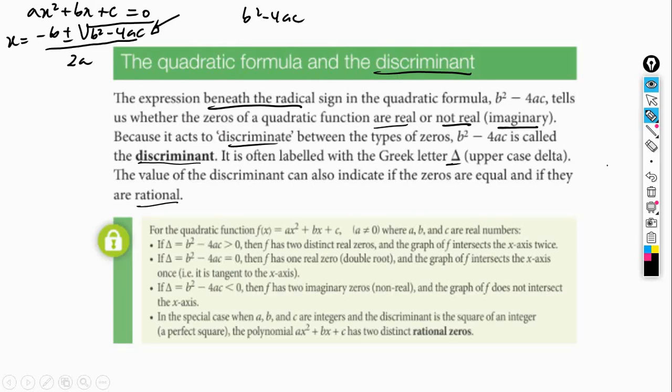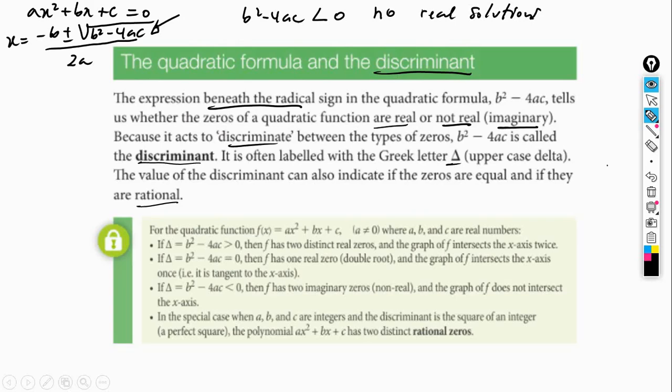Okay, what this means is this. Notice that because this is inside a square root, if it's negative, it has no solution. So if the discriminant is negative or less than 0, then we would say no real solutions, because it would have something else called imaginary solutions.